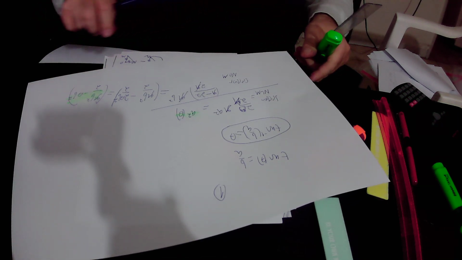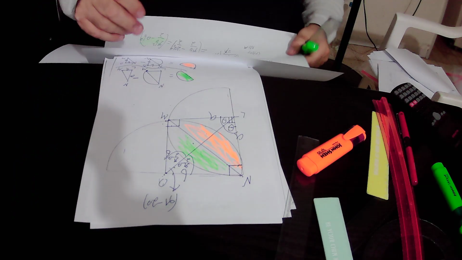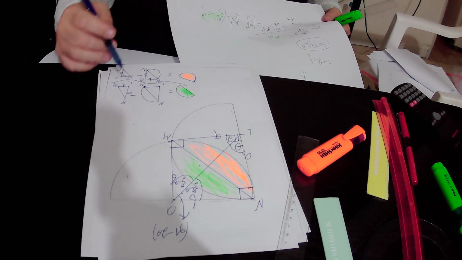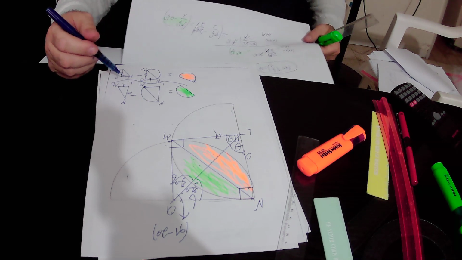Actually, we have to add the areas of the two sectors together, and we have to subtract the area of the two triangles.